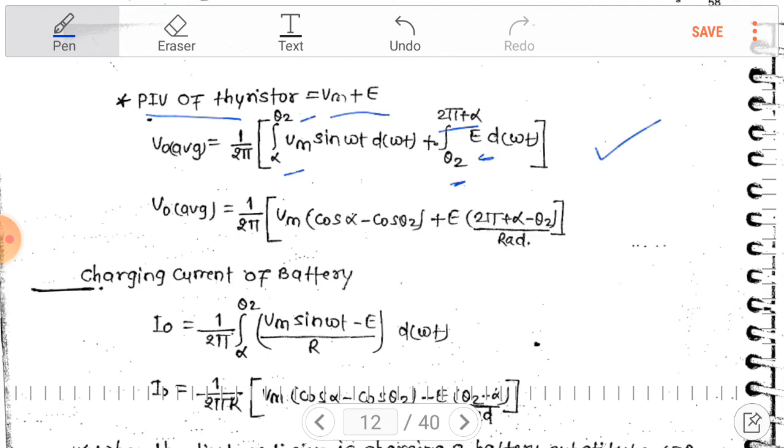So we find the average value: 1 by 2 pi, from alpha to theta 2, V output equals Vs, so integrate Vs with respect to omega t, and from theta 2 to 2 pi plus alpha, up to next cycle, it is equal to E. So integrate with respect to omega t. This is the average output voltage we will obtain: 1 by 2 pi, Vm (cos alpha minus cos theta 2) plus E, which is the battery voltage, multiplied by (2 pi plus alpha minus theta 2). These values are in radians.